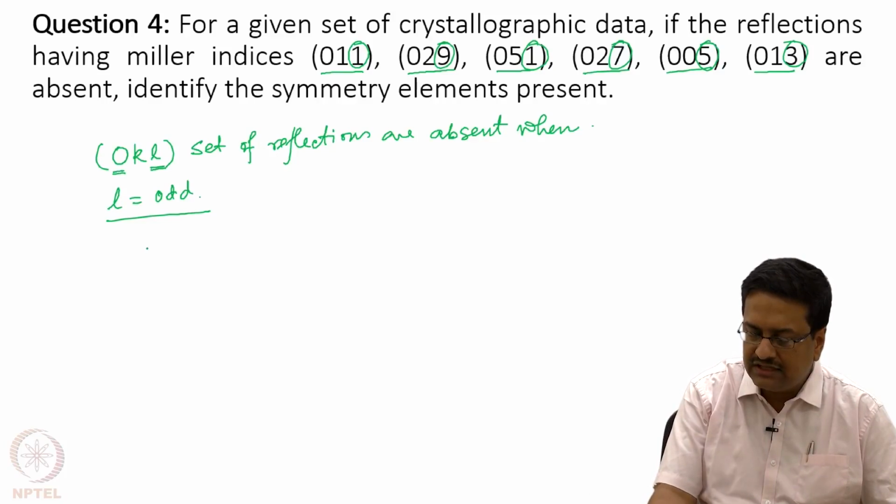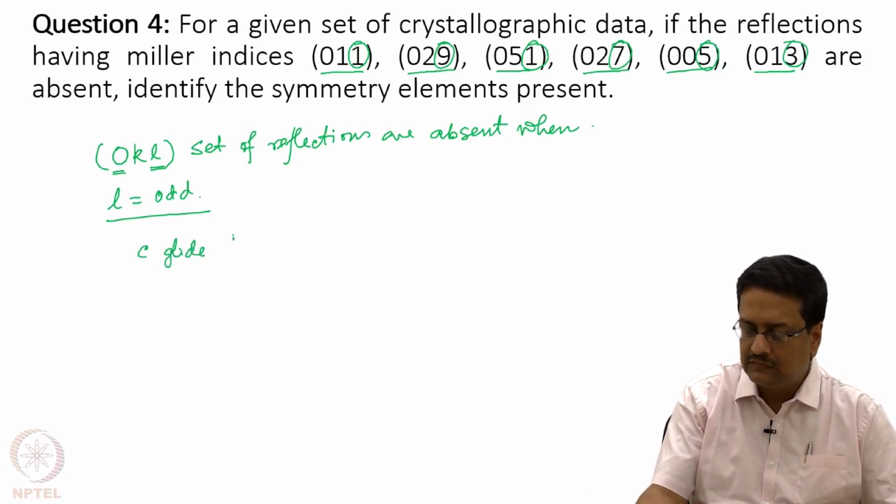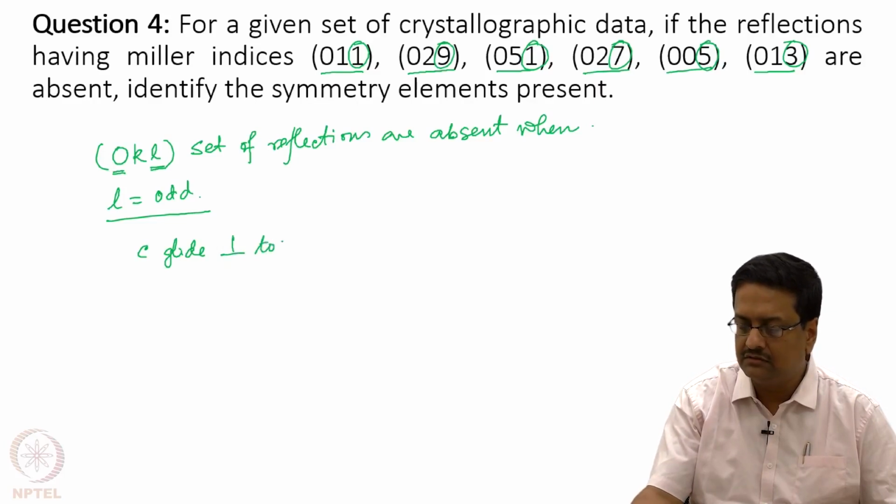So this systematic absence condition indicates a c glide perpendicular to x.